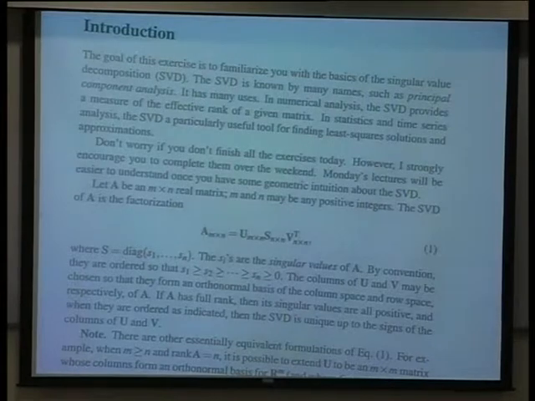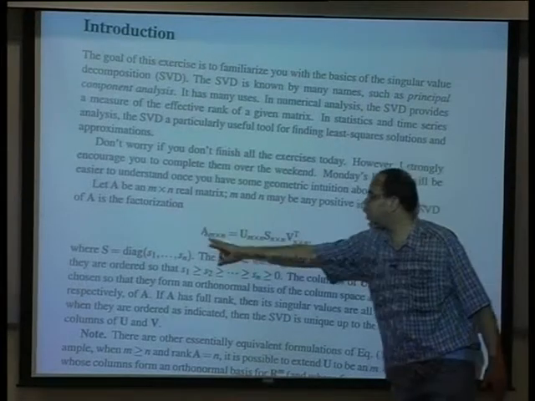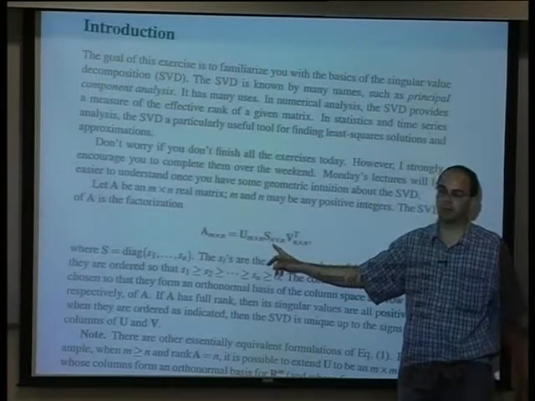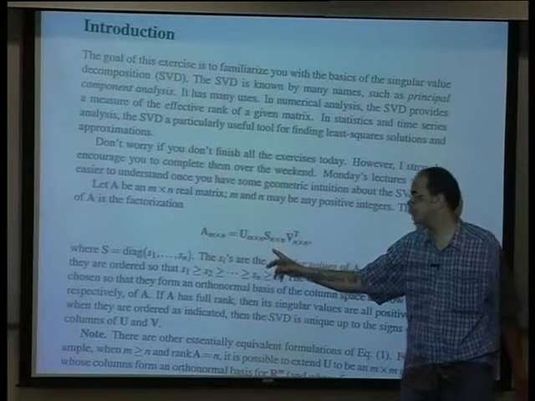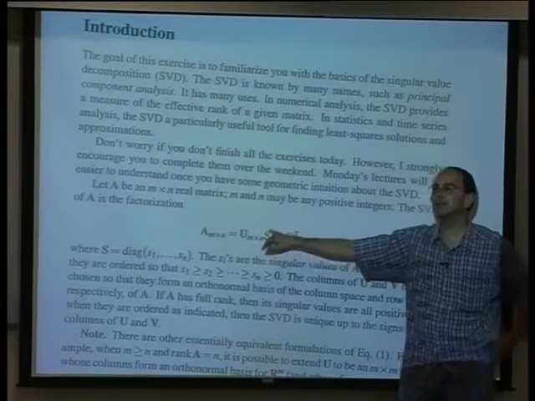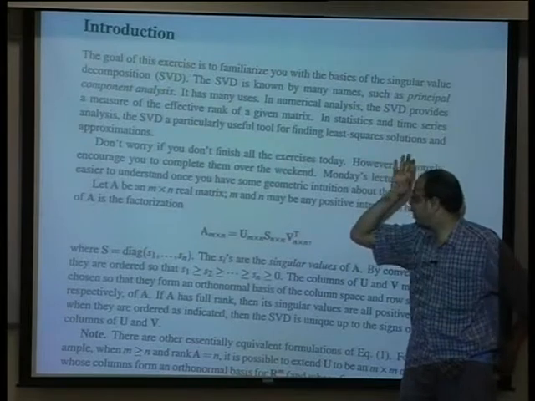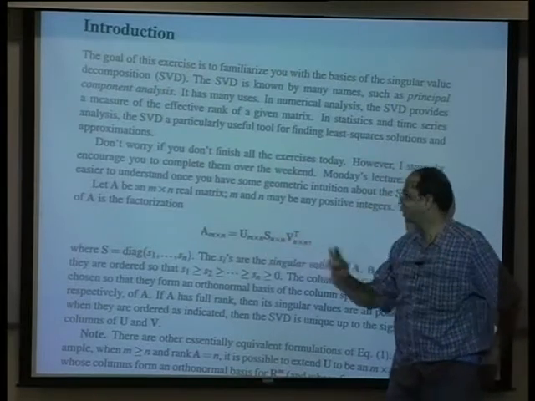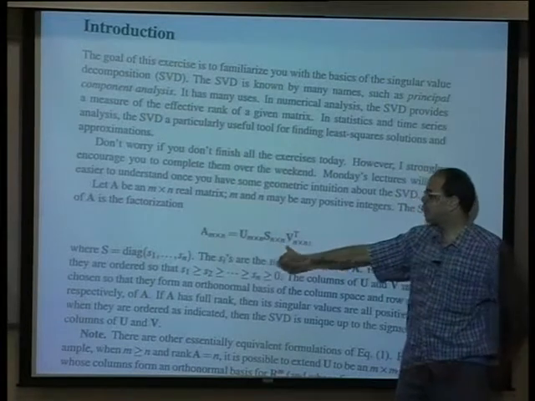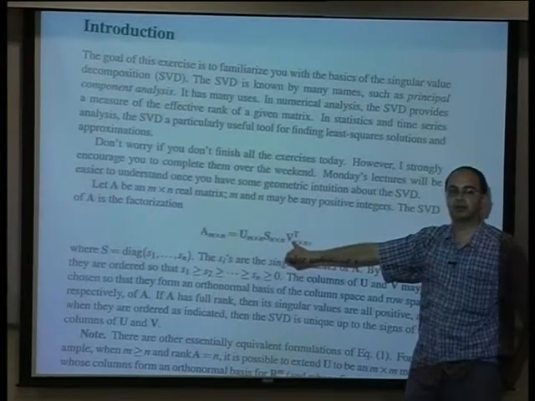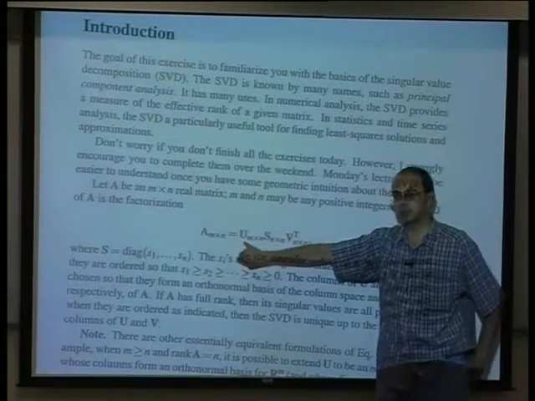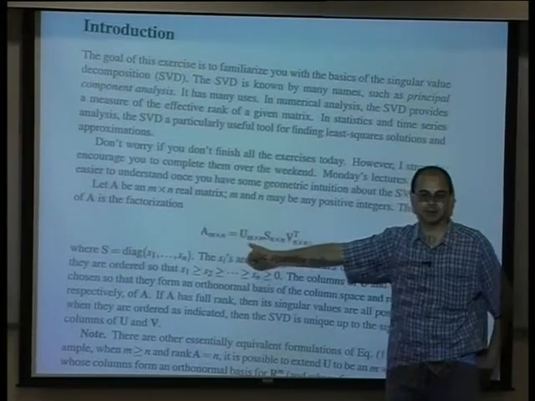So the SVD decomposition is A equals U S V transpose, where S is diagonal, of course invertible, not necessarily. S is diagonal, V is such that V V transpose and V transpose V are identity, and U is such that U transpose U is identity.